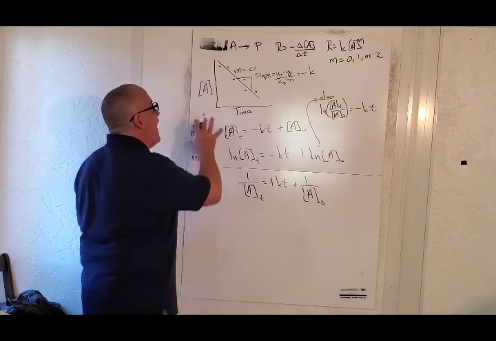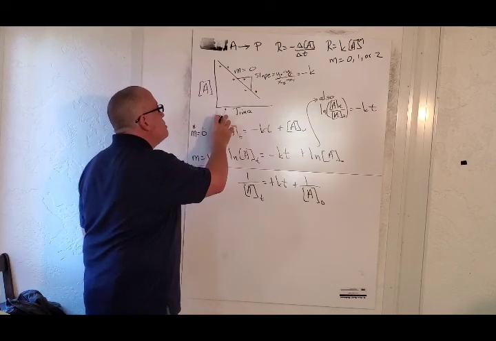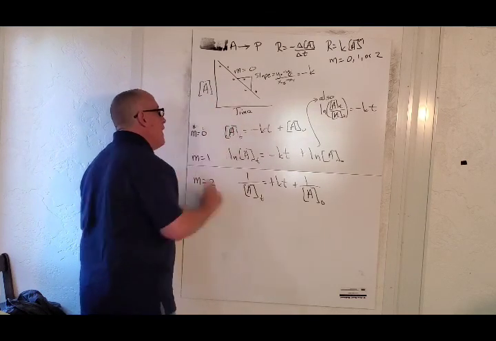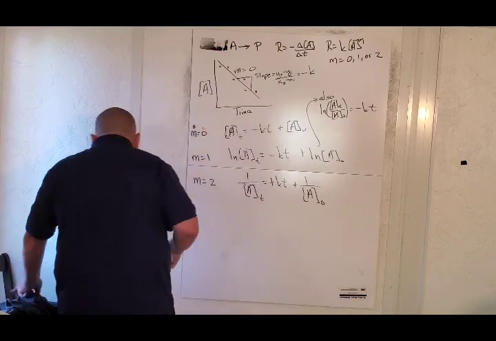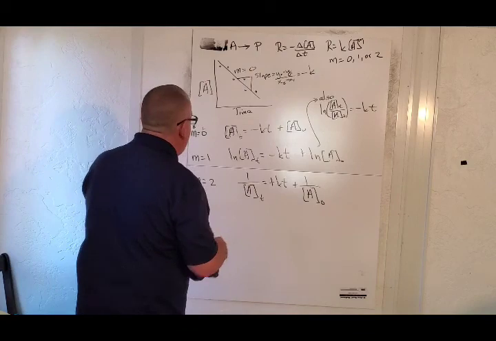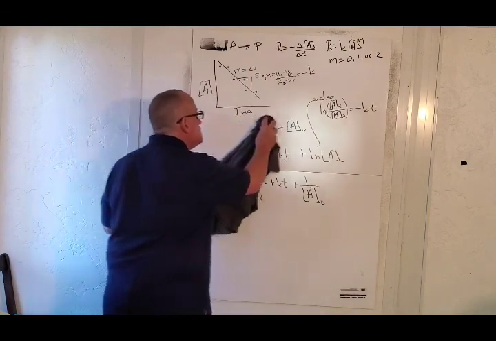So if it happens to be a 0th order reaction, and I measured the concentration over time, you'll make a straight line going down. And that's because, I'll show you in a minute, but let me erase this.